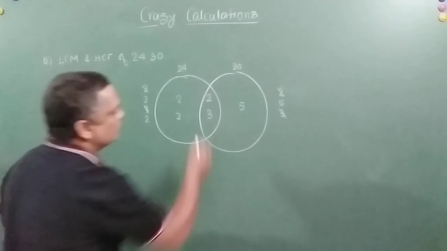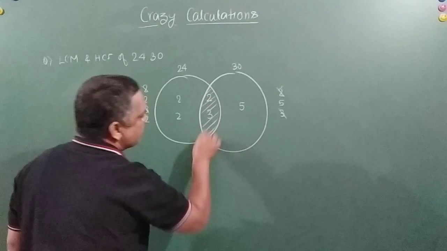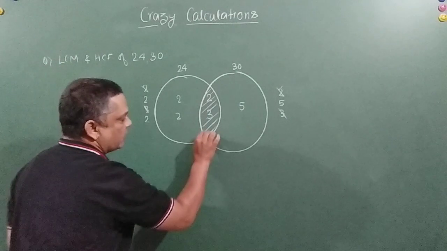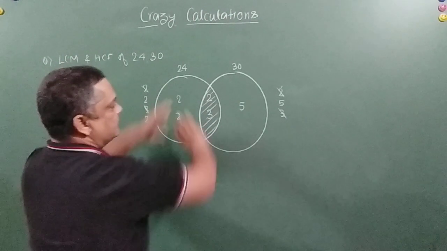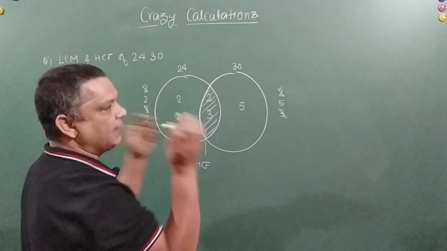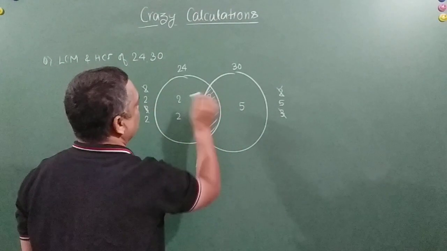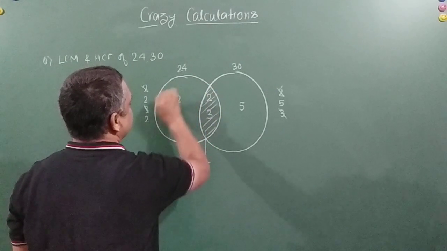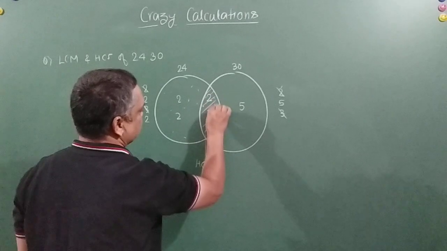Right? Now this portion, whatever I have indicated, is the HCF. And the entire thing is the LCM. How do I represent it? Let's say whatever is dotted, the dotted region considers this also.